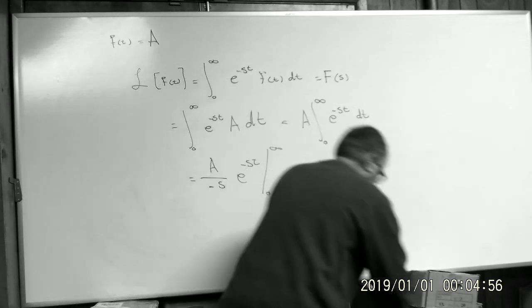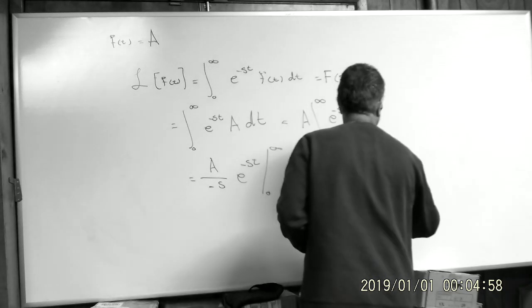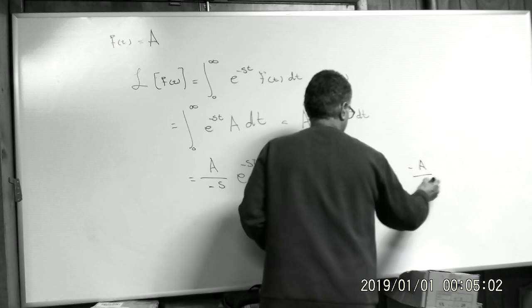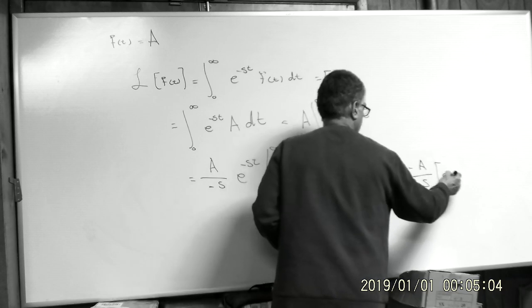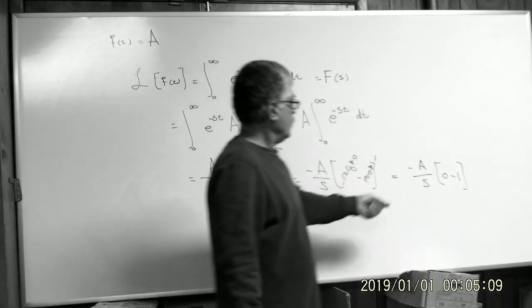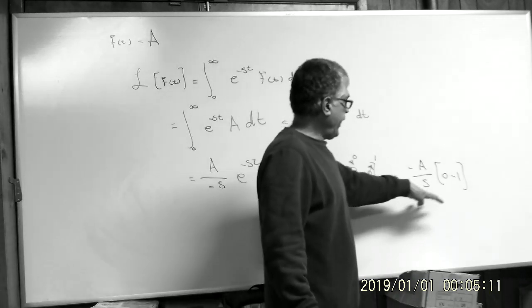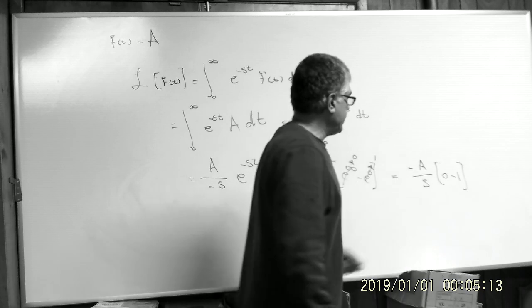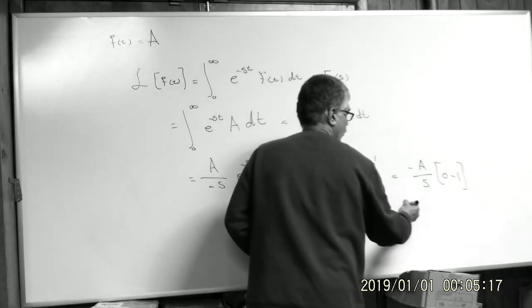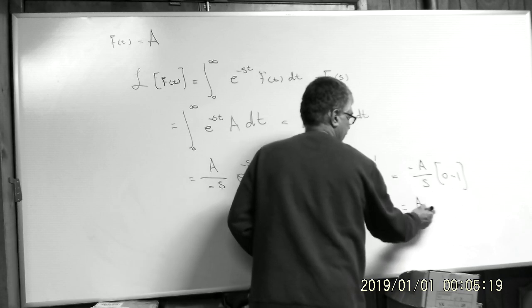So this will be equal to minus a divided by s multiplied by 0 minus 1. So minus a divided by s multiplied by 0 is 0, and minus a divided by s multiplied by minus 1 will be a divided by s.